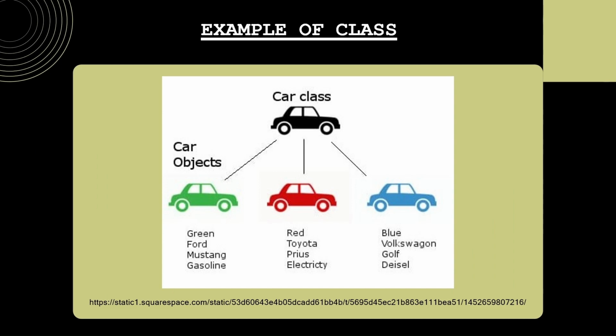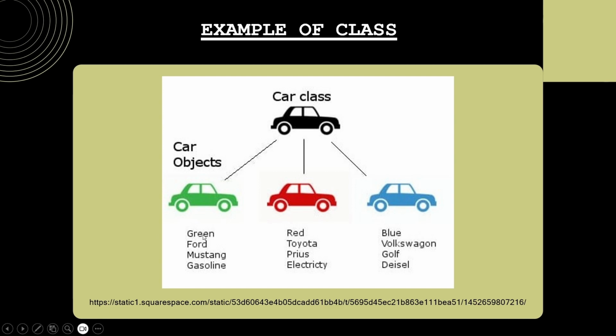There is a class named car and there are multiple objects created from that car class. One is a green car, one is a red car, another is a blue car. So you can see that all of these cars share the attributes color, brand, model, and fuel type. All of them are sharing the same characteristics, but the values of the characteristics are different.